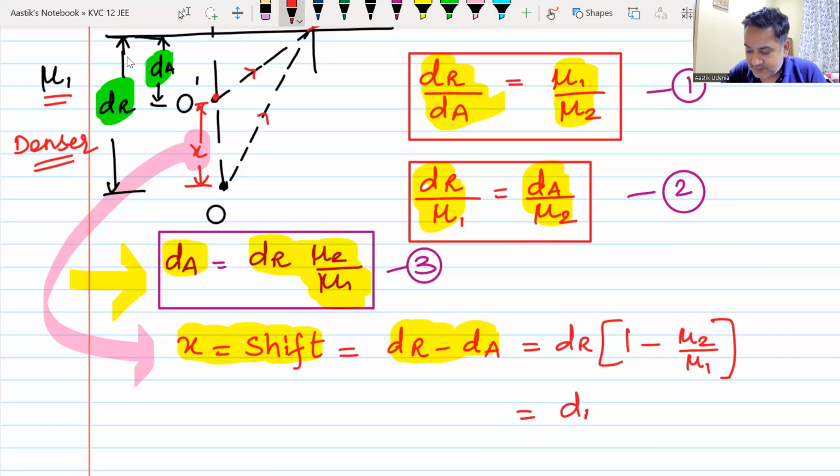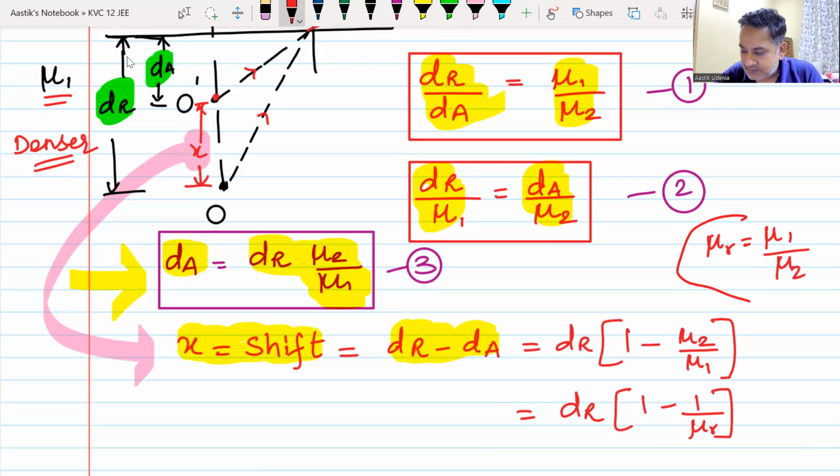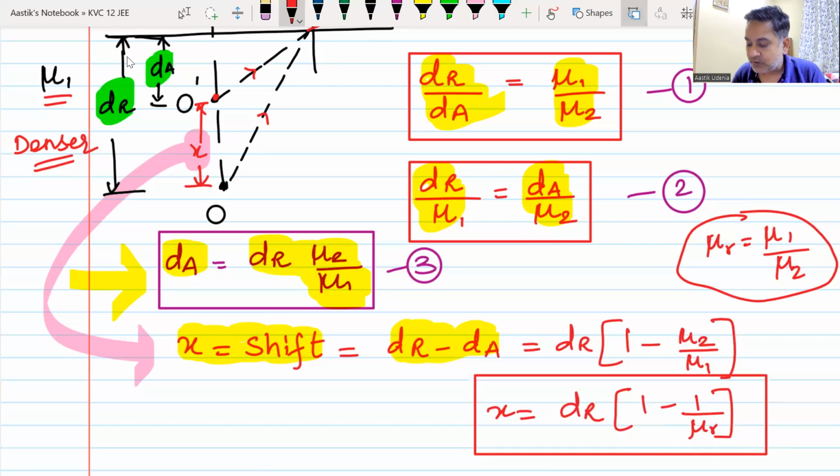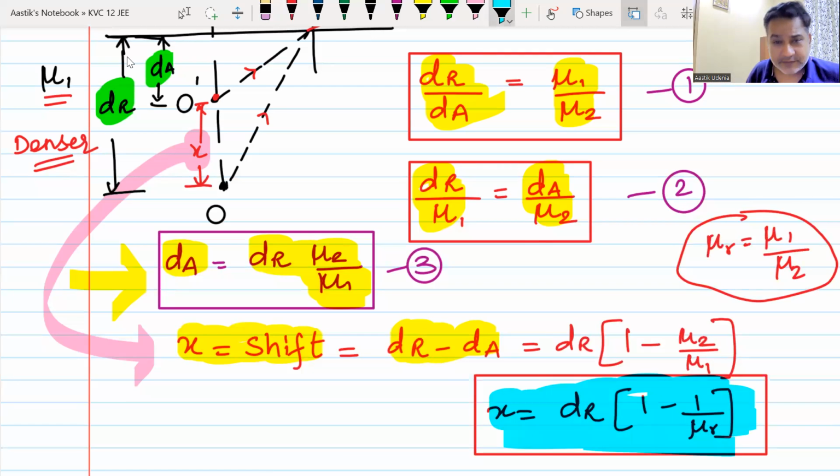I can write this as dr into 1 minus 1 by mu r, where this mu r becomes mu1 by mu2. And now this formula starts to look same as the formula that we created for the shift due to a glass slab. Both the formulas are same. So if you can remember any one of these, you can remember the other one, which is what is important.